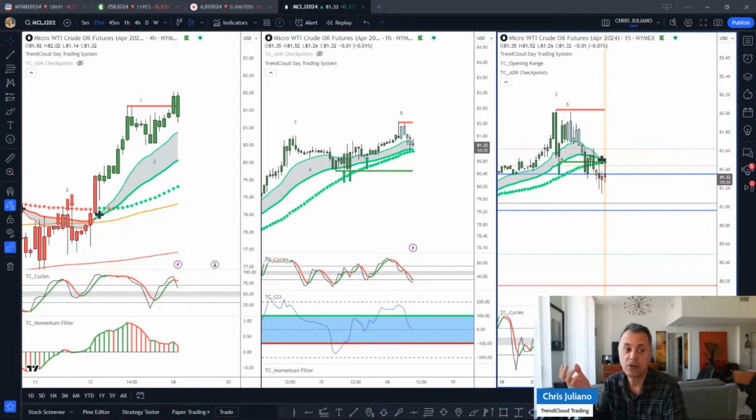That's how you put all the pieces together, by evaluating each time frame and telling the story of price action. And that's what Trend Cloud is helping us do, right? Trend Cloud is helping us understand price action across multiple time frames.